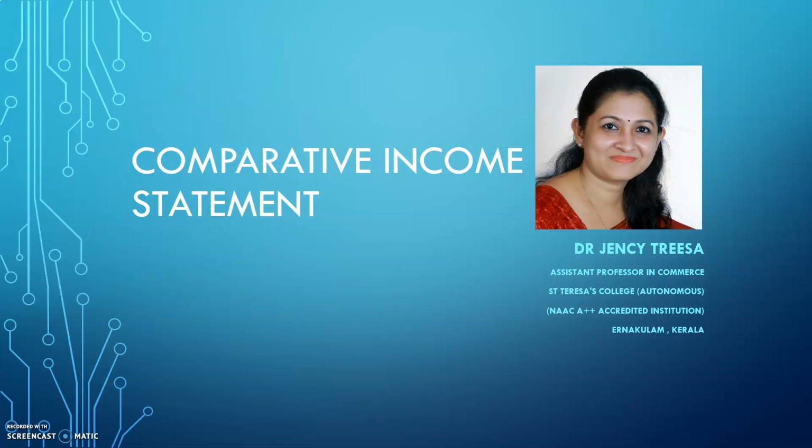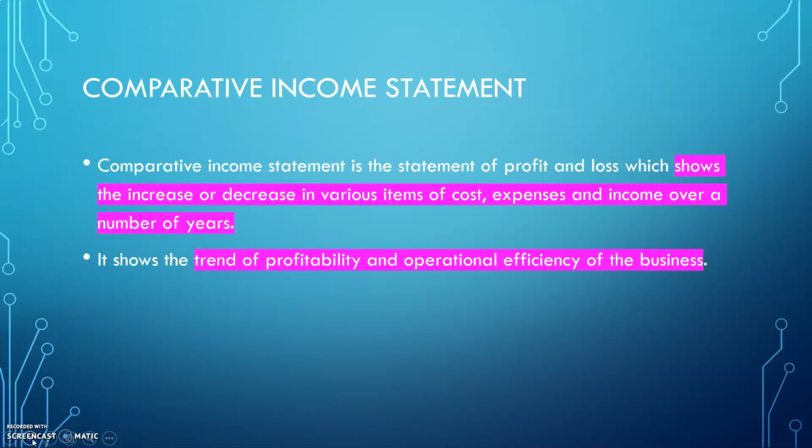In this, the income statement will be put into a different form, and it will help in easy comprehension of the financial statement. You can know what is happening with the profits of the business.